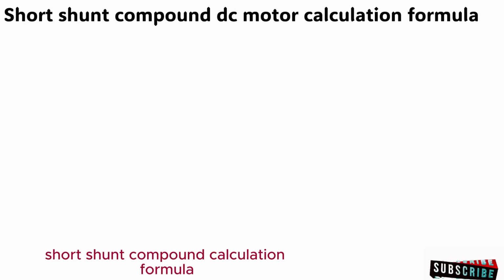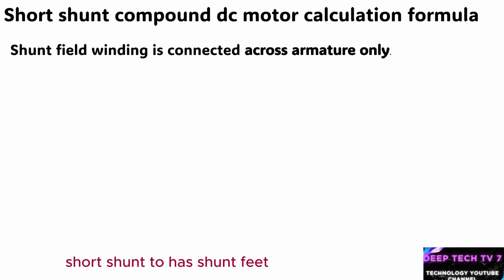Short shunt compound calculation formula. In this type, the shunt field winding is connected across the armature only.